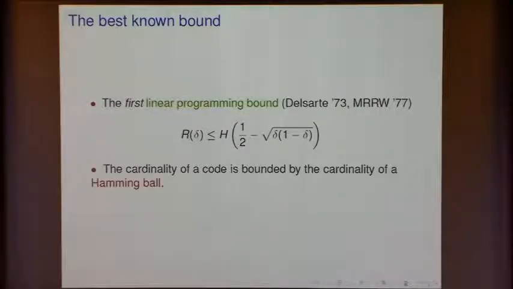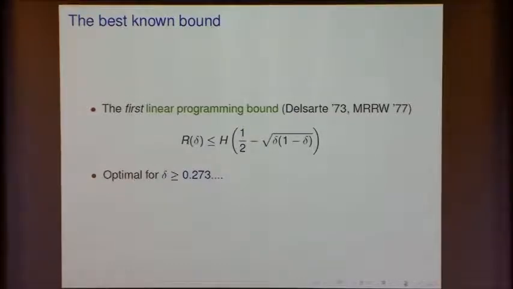Notice that something strange is going on, because we have the cardinality of a packing bounded from above by the cardinality of a Hamming ball, in the exponent, which is kind of weird. We bound this dispersed object by this very dense object, and some duality is involved somehow, and we'll get to it. Right. So we have this, and this bound is the best known.